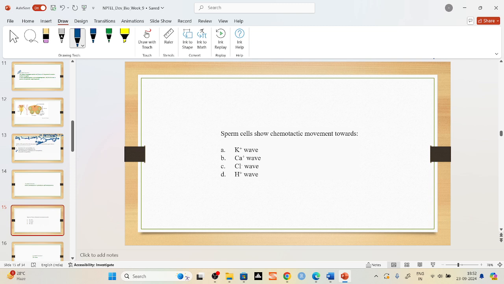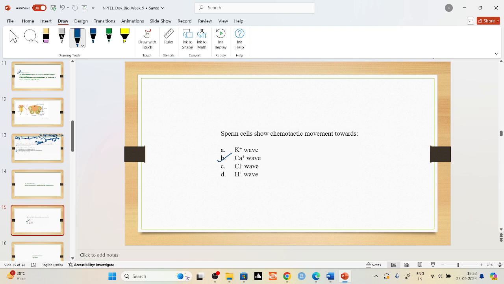Okay. So what should be the correct answer here? The correct answer is calcium wave. Calcium ions play a key role in the signaling pathways that guide the sperm cells toward the egg, especially during fertilization. So this chemotactic movement is shown by the calcium waves. Why?